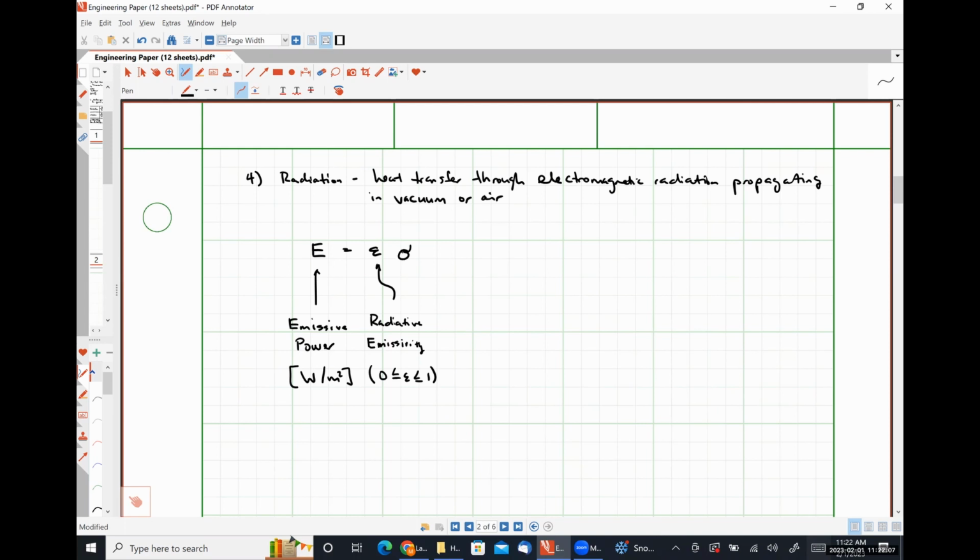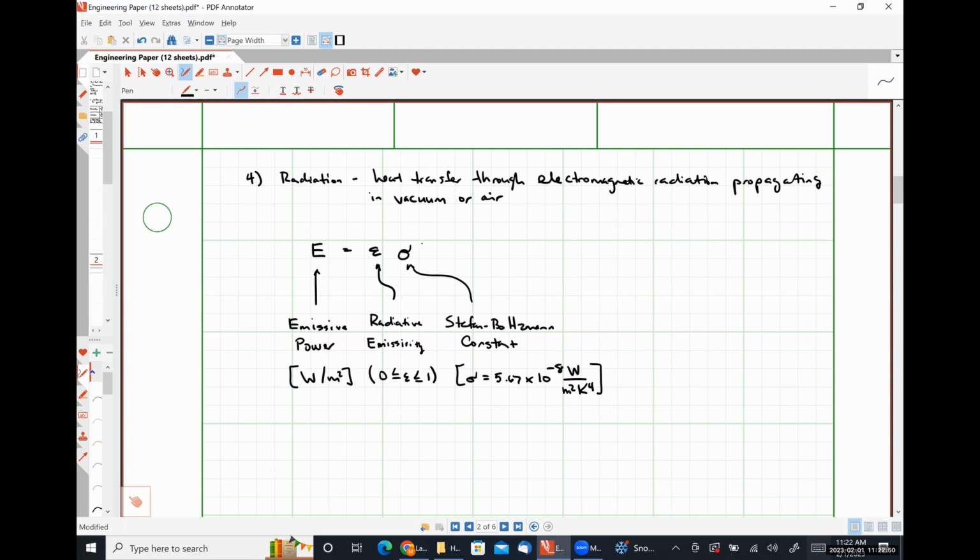Then we have sigma, which is not conductivity or strain. Now it's going to be the Stefan-Boltzmann, I think Boltzmann has 2 N, constant. So sigma will be equal to 5.67 times 10 to the minus 8 watts per meter squared Kelvin to the fourth power.